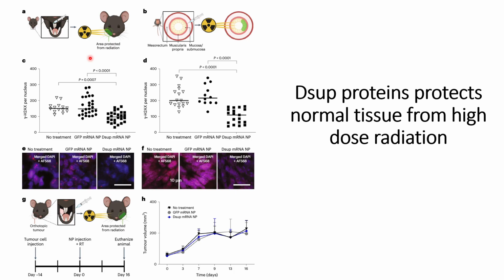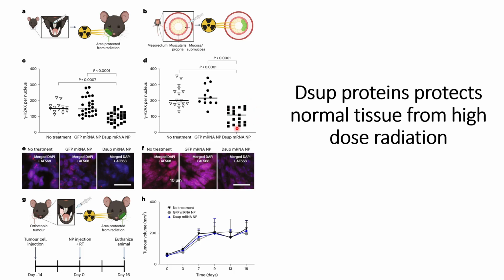And this panel C is the results for the buccal tissues, which is surrounding its cancer tumors, and panel D is the results for the rectal tissues which surrounds its tumor area.